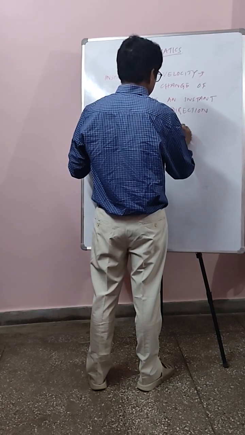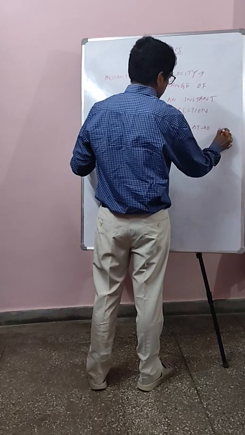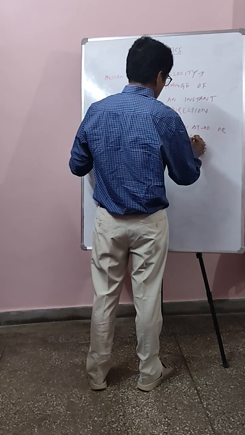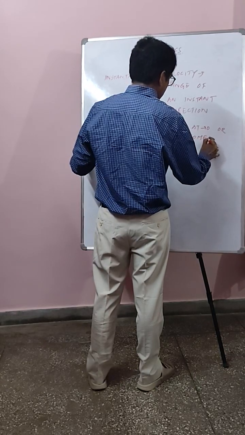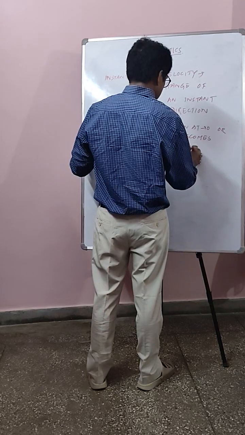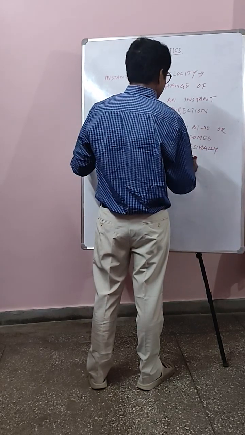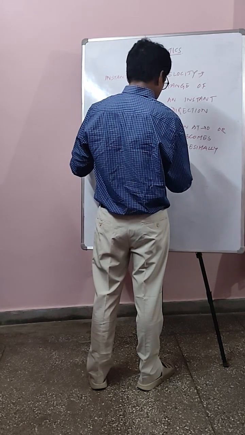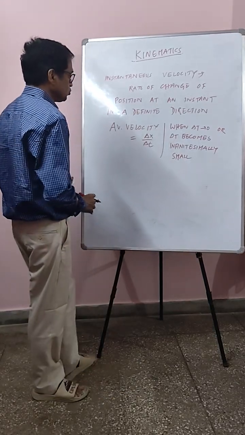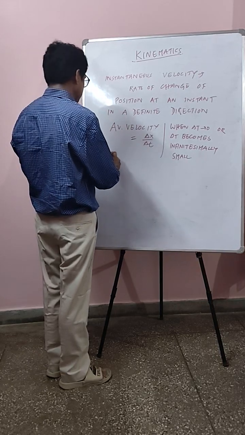when delta t tends to 0, it becomes infinitesimally small, then it becomes instantaneous velocity.